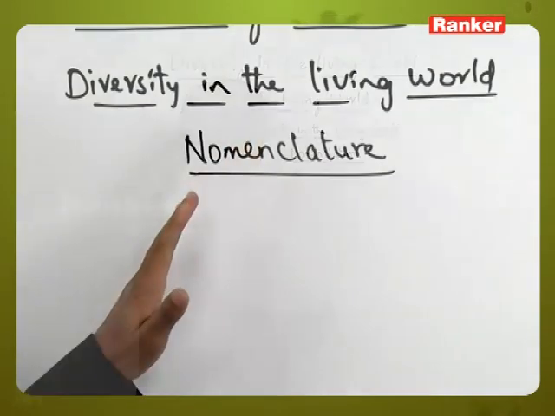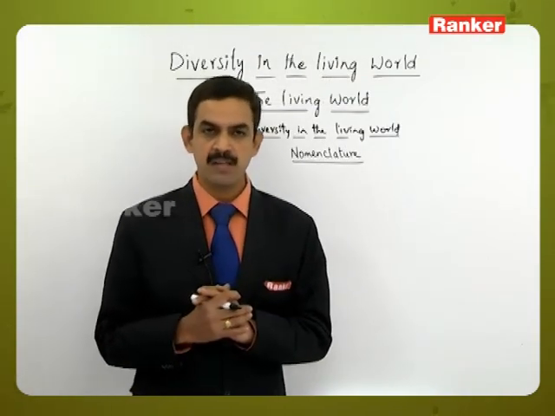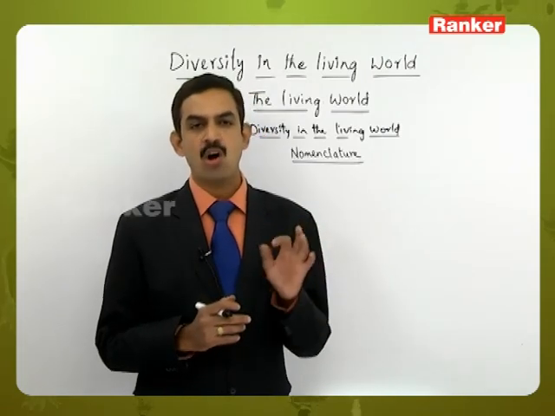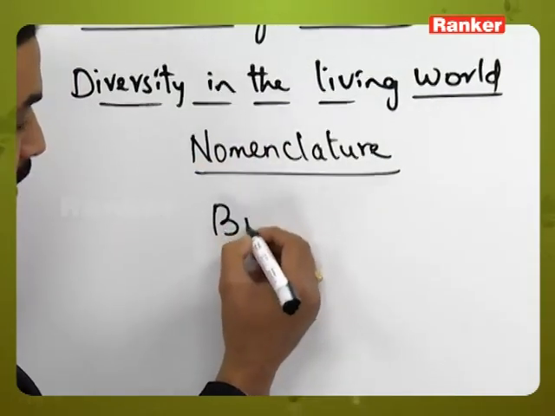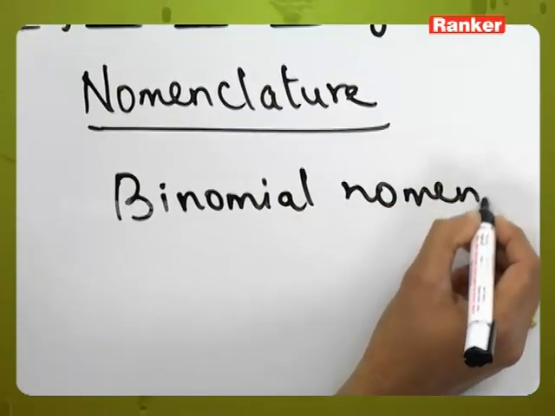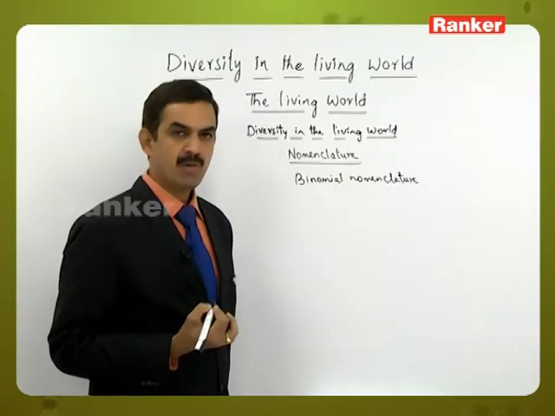So in order to end all that confusion, the scientists say that a particular specific name should be there, which should be universally accepted by all the botanical scientists. In this there is one system called binomial nomenclature, that is, naming of the plant by using two words.